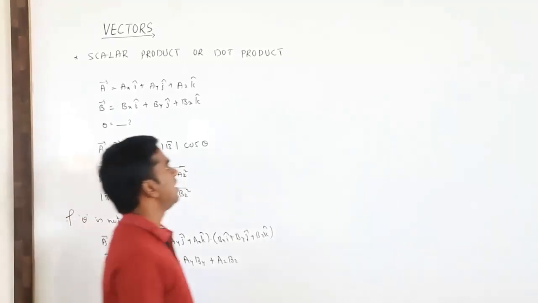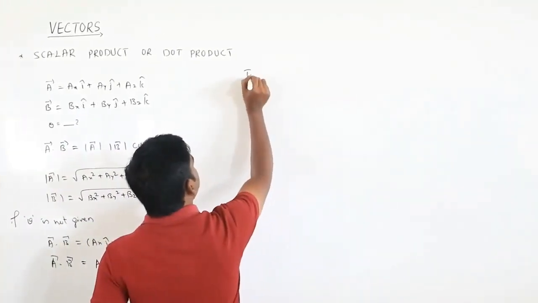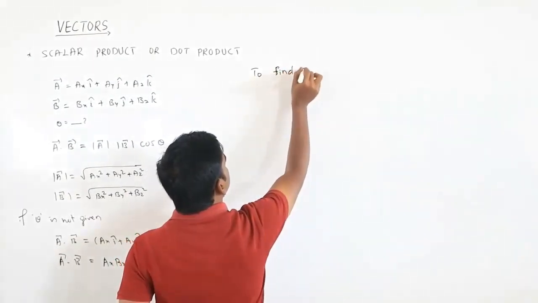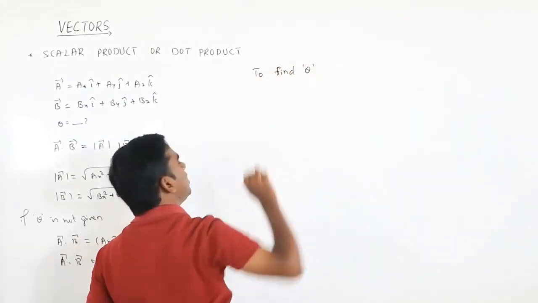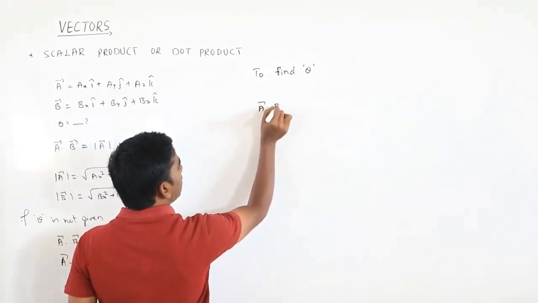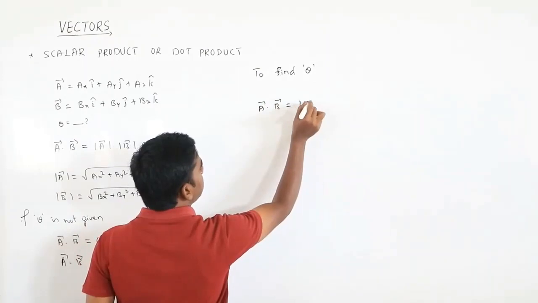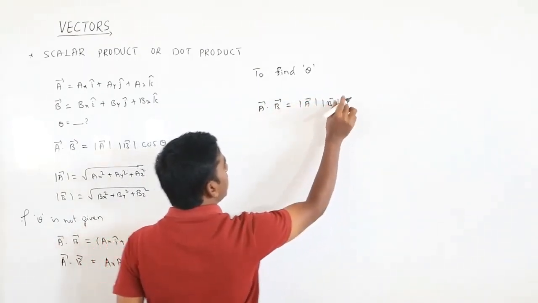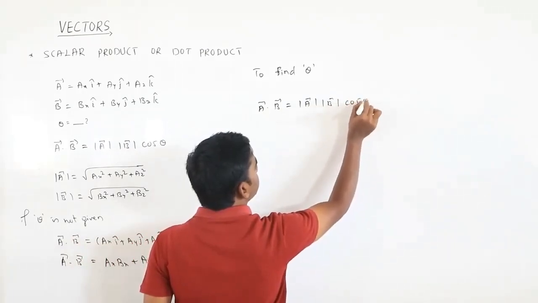Suppose they ask for theta. To find theta, as we know, A dot B is equal to magnitude of vector A, magnitude of vector B, and cos of theta.